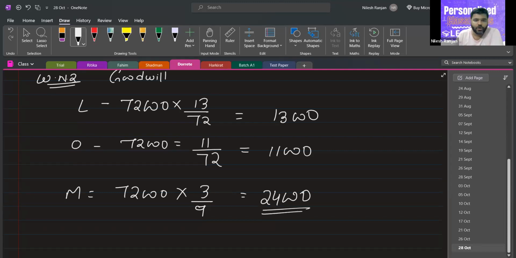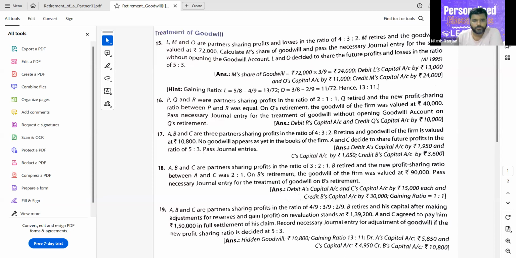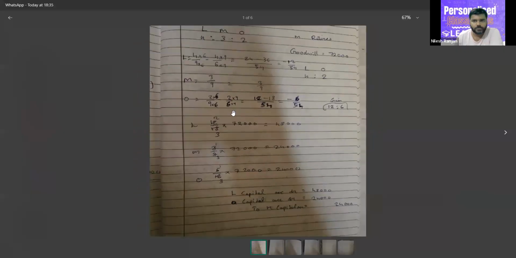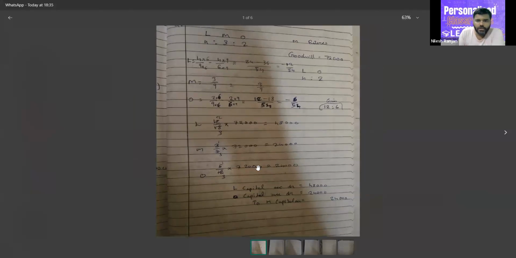Now, if you see your solution, on the debit side the total amount is how much? 48,000 plus 24,000.